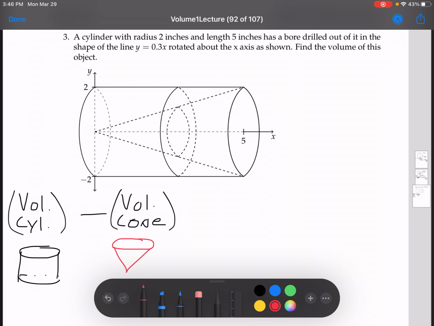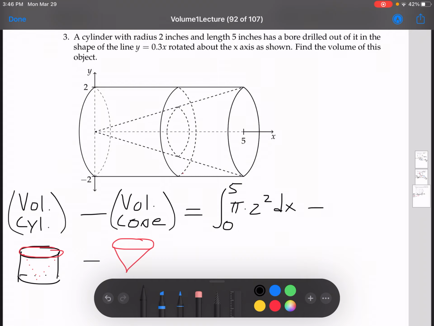And you can think of that cone as being inside of this thing. I'm going to subtract it out. So let's see, the volume of the cylinder, we figured that out as the integral from 0 to 5 pi times 2 squared dx.